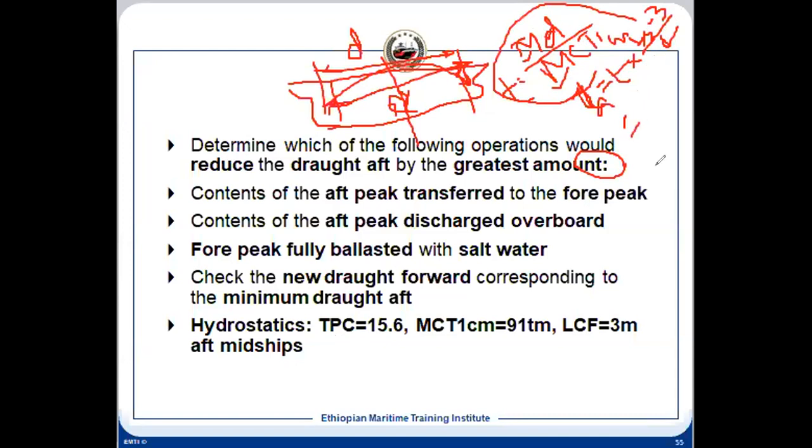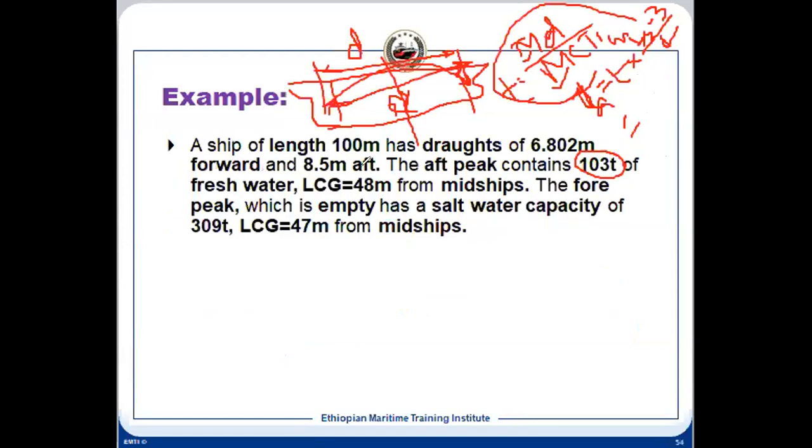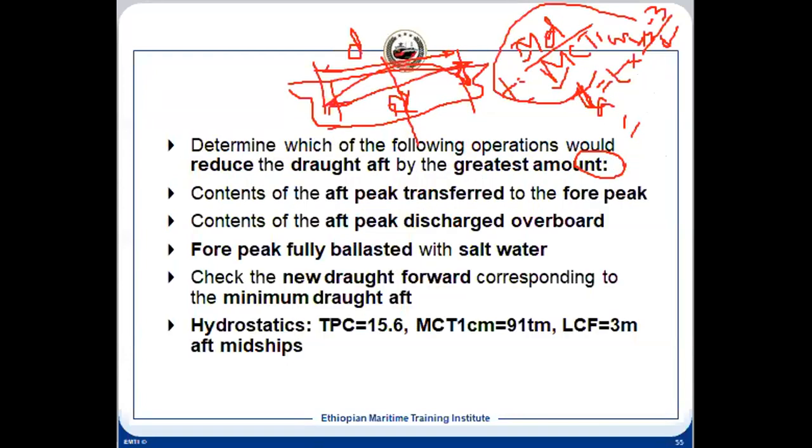Once we calculate TA, we can deduct from the initial, this is in centimeter, we'll convert into meter, and then initial draft is given to us. This is the aft draft 8.5, and if you calculate this value, you'll be getting the TA, it will give 0.505 meter.